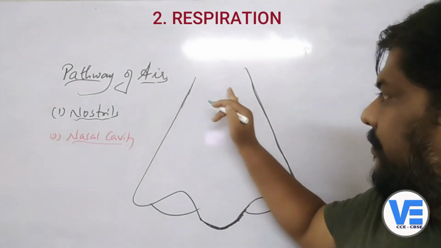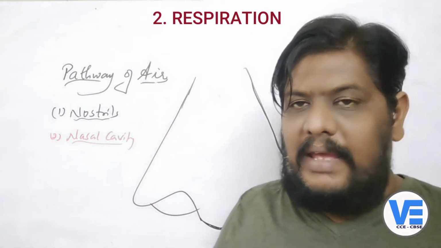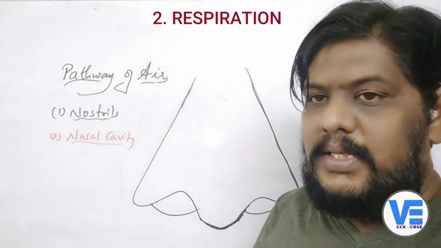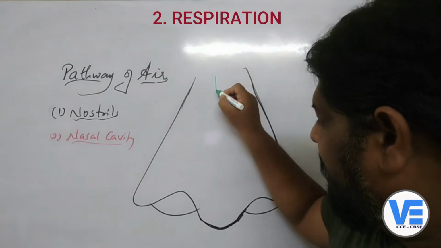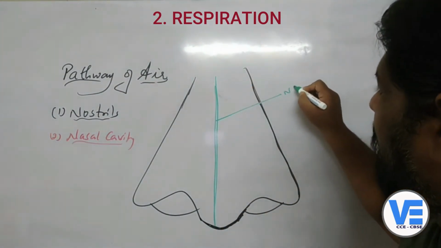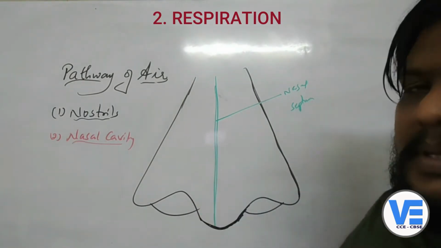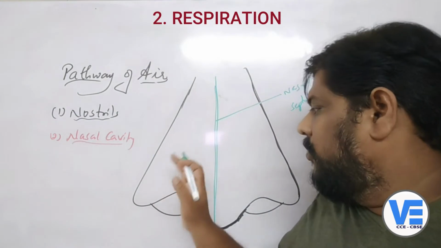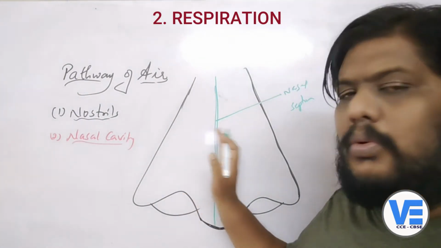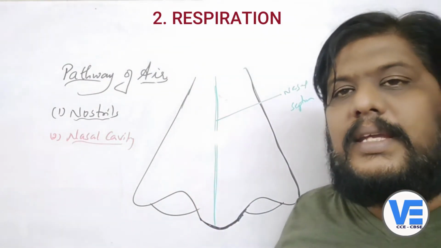Whatever empty space you are able to see here is nothing but the nasal cavity. And this nasal cavity is divided into 2 parts by a wall-like structure called the nasal septum, which divides the cavity into 2 equal halves: the right nasal cavity and the left nasal cavity.